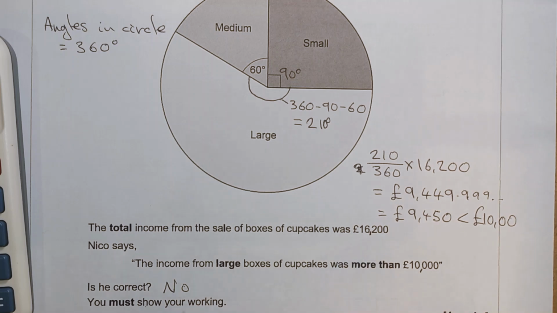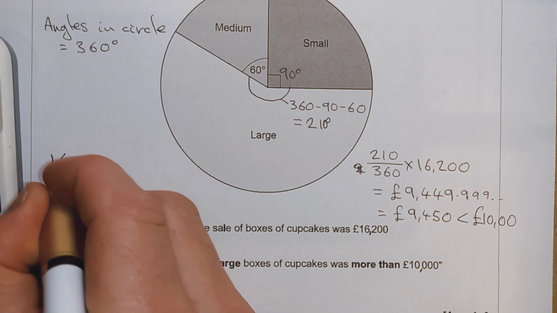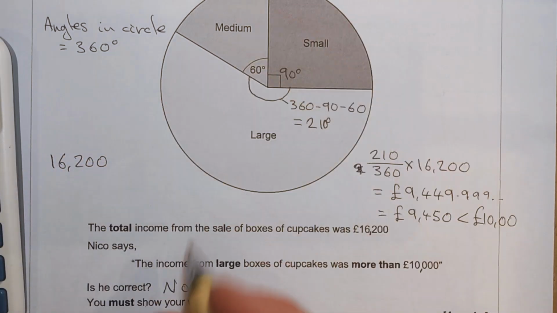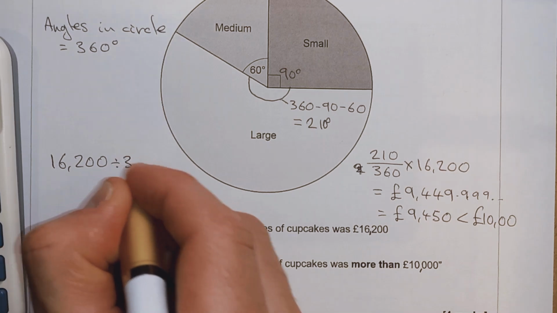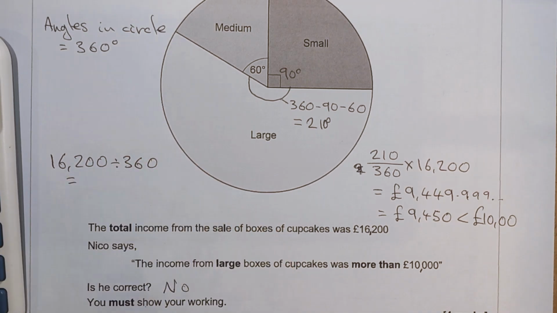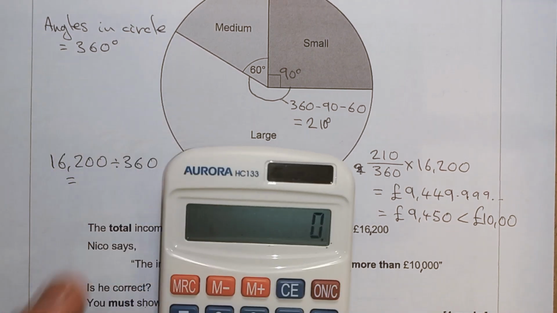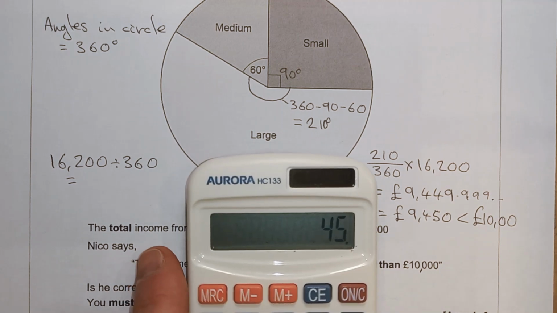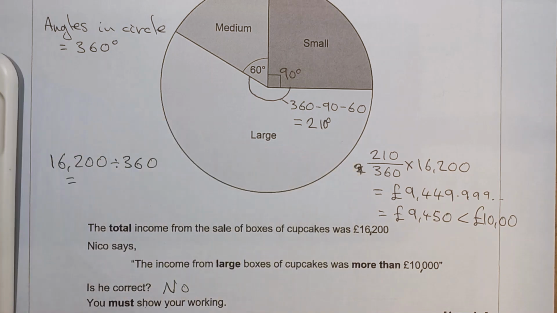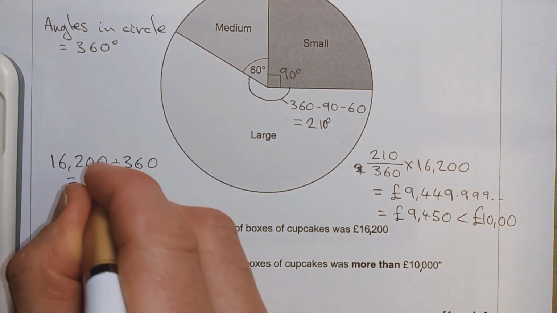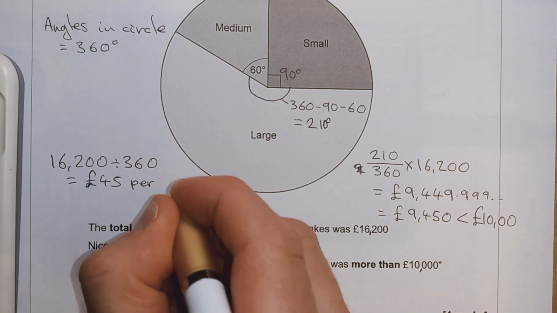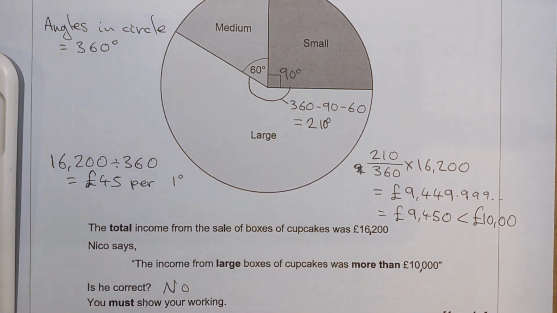Now, if you're not comfortable using this fraction here, you can think of it as 1 degree. So you can think 16,200 is for 360 degrees, is for everything. So if we divide it by 360, it's going to tell us how much it is for 1 degree. Okay, so that's £45 per degree.